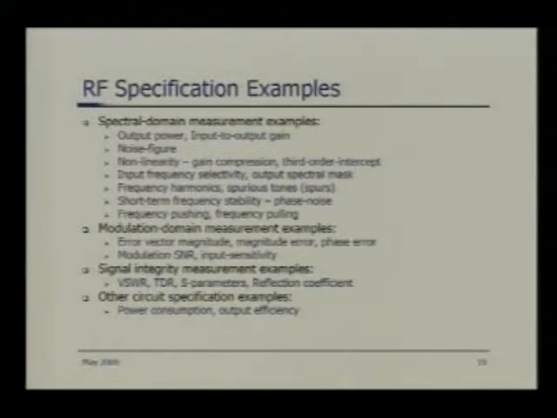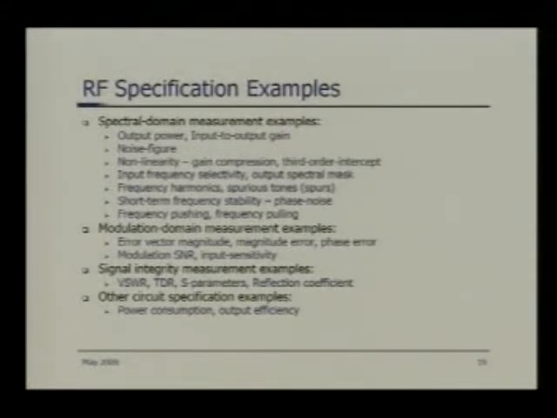Similarly, frequency pulling. Frequency pulling means that suppose 1.5 gigahertz is coming out of that synthesizer. Now, assume that synthesizer is designed for 50 ohm, so that it is matched with the 50 ohm environment.